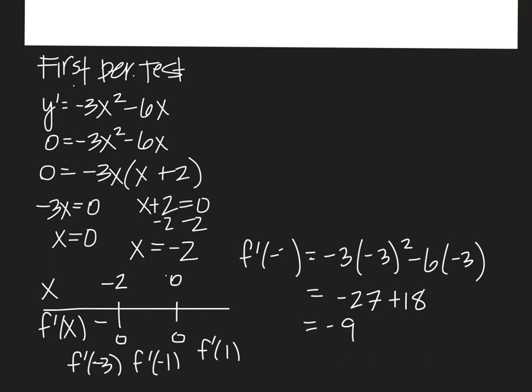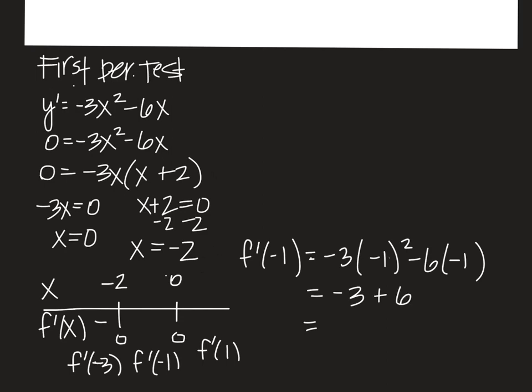Then the next one I'm going to try, I'm going to evaluate the derivative at negative 1. Negative 1 squared is positive 1, times negative 3 is negative 3. 6 times negative 1 is negative 6.